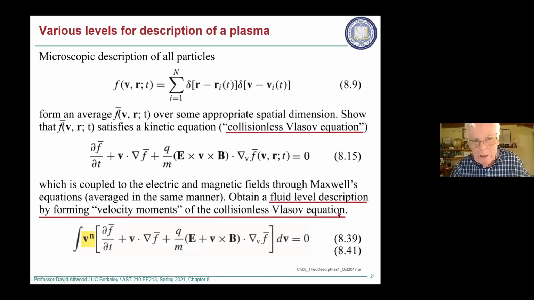You get the same equations, but you get them from the kinetic equation, and it has a certain attraction to it. So for instance, if n is 0, this is just 1, you're doing this integration, you get the continuity equation. If you put in n equals 1 here, you get a momentum equation. If you put a 2, so it's v squared, you'll get an energy equation out of that.